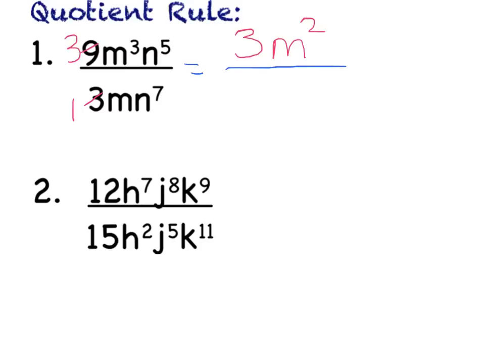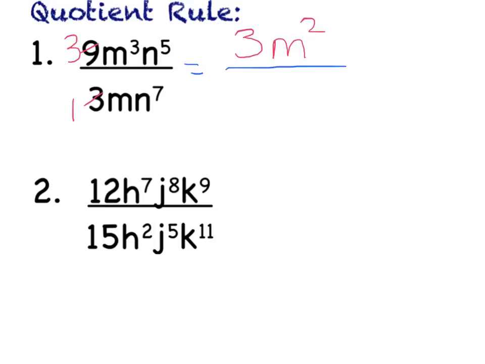All right, now I'm going to look at my n's. I have 5 n's on the top and 7 n's on the bottom. All right, ladies and gentlemen, what I'm going to need to do here is look at this as a subtraction problem in a sense. So I have 5 on the top and 7 on the bottom. I have more in the denominator than I do in the top.